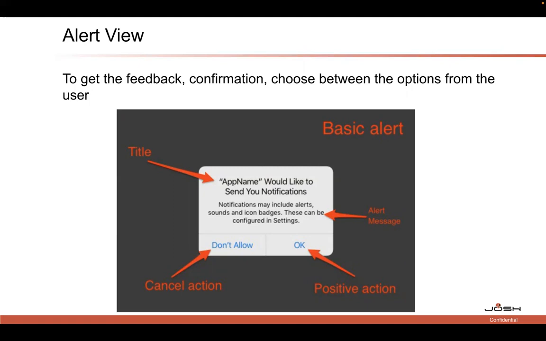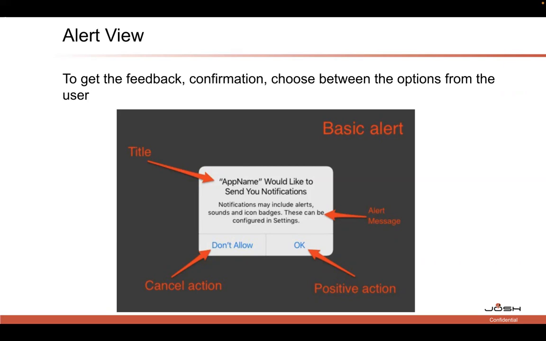Here you can see one of the native alert controllers, which is used for getting the user's input for push notifications. So the user either clicks on OK or Don't Allow to send the notification. So this is like getting feedback from the user. A similar kind of UIAlertController we can create for our app.